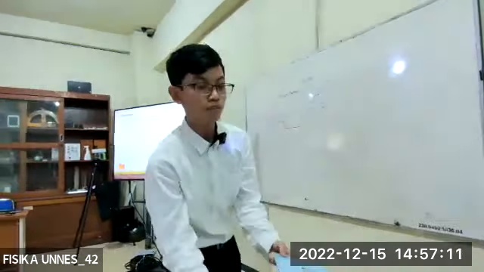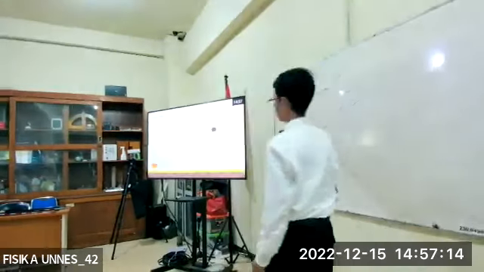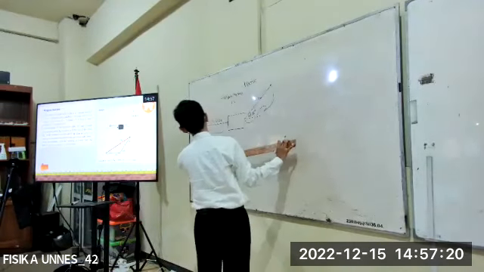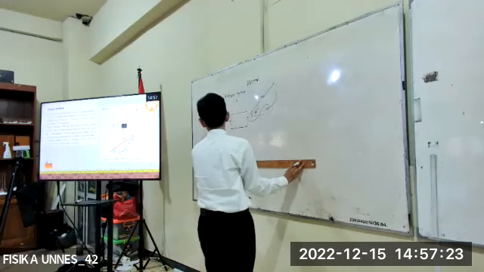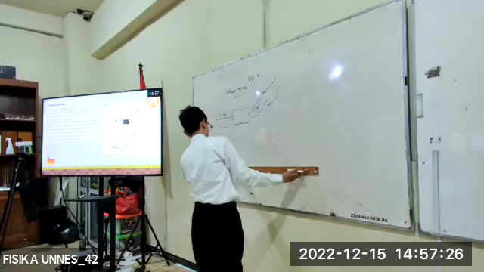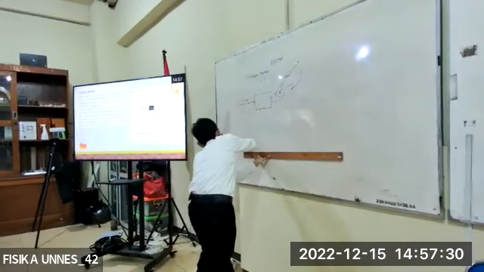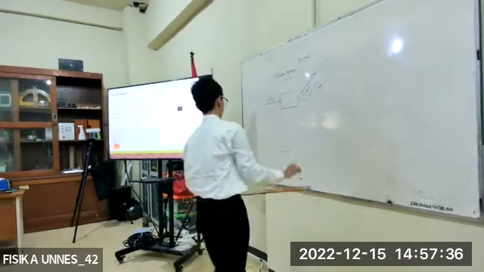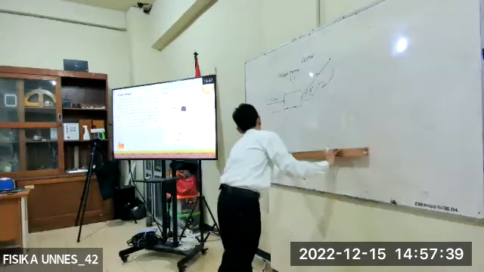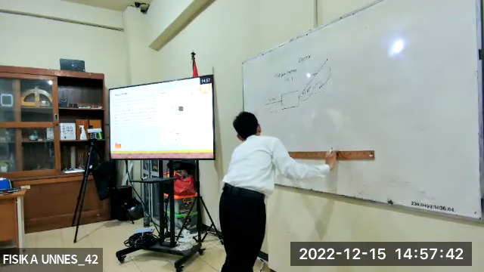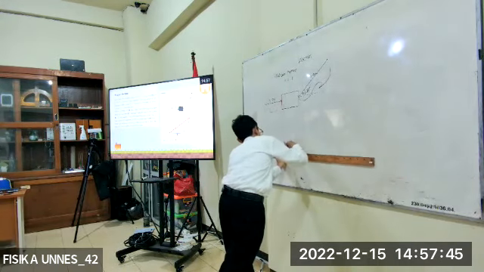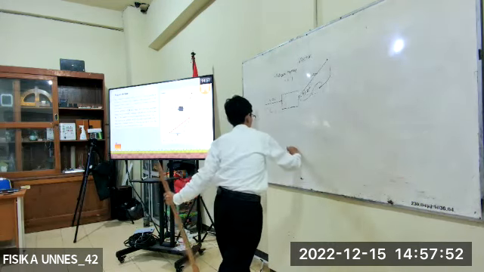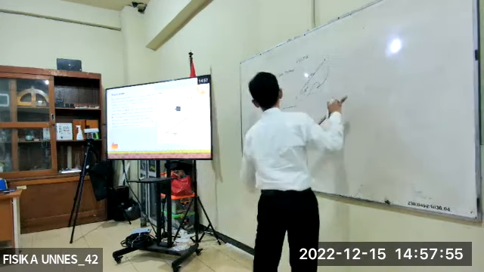So we need to redraw all the information that we already got. It is F1 25 Newton, F2 35 Newton, with the angle 36 degrees. Redraw the vector. The second force.